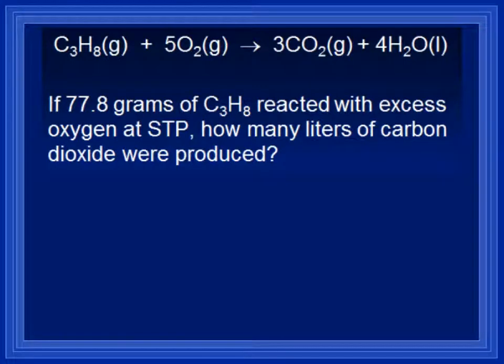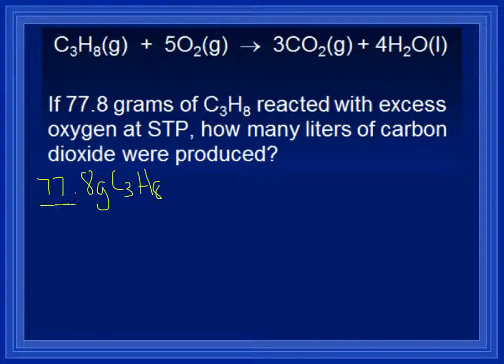Now we have 77.8 grams of C3H8, which is propane, reacted with excess oxygen at STP. How many liters of carbon dioxide were produced? Now this is stoichiometry. We want to convert from C3H8 to CO2, so we have to use stoichiometry and the mole-to-mole ratios. We start off with 77.8 grams of C3H8.